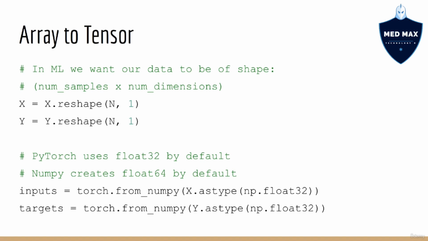So before we create torch tensors, we're going to cast our NumPy arrays into float32. The final step is to call the function torch.fromNumPy. This takes as input our NumPy arrays and returns corresponding torch tensors. So these are the inputs and targets we were working with in the previous training loop.